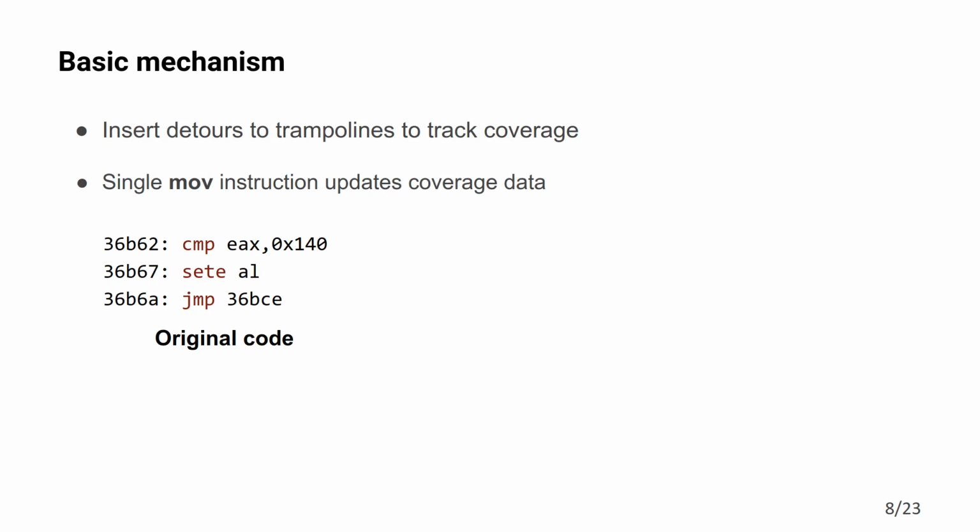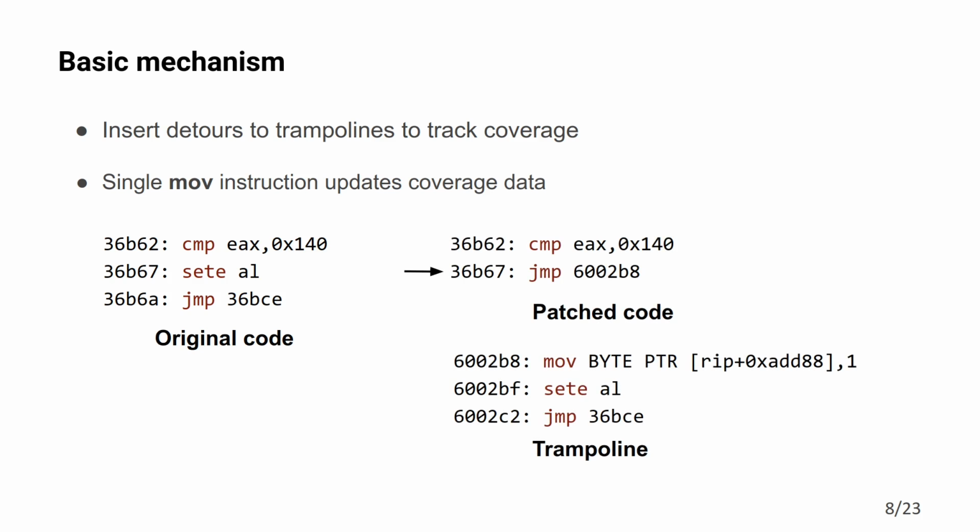Our basic mechanism is to insert detours in targeted code locations to track basic block coverage. For example, assume we have the sequence of original instructions on the left. bcov would transform it to the following alternative sequence. The inserted detour will target a corresponding trampoline.